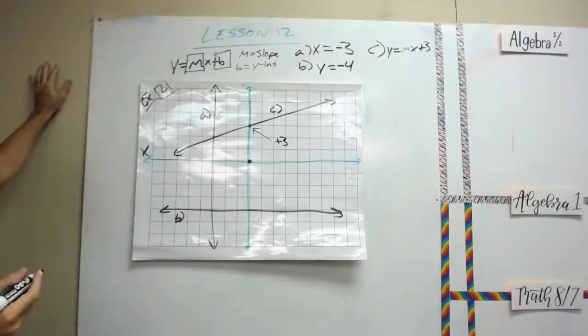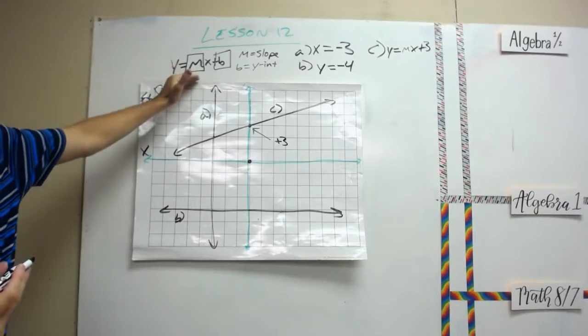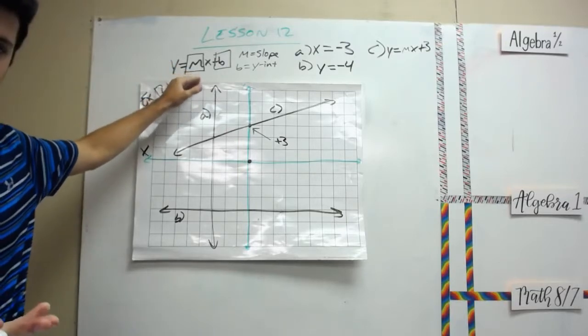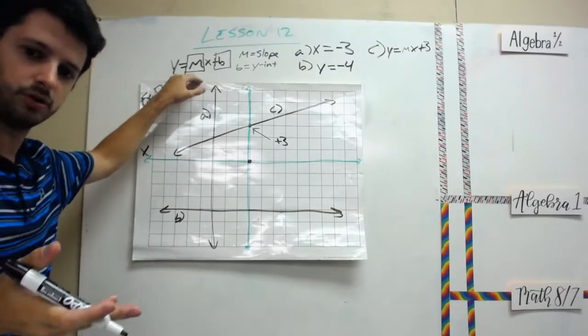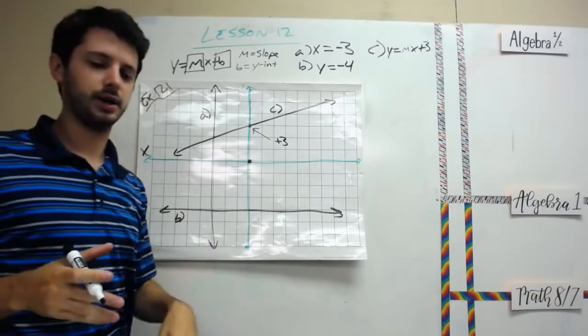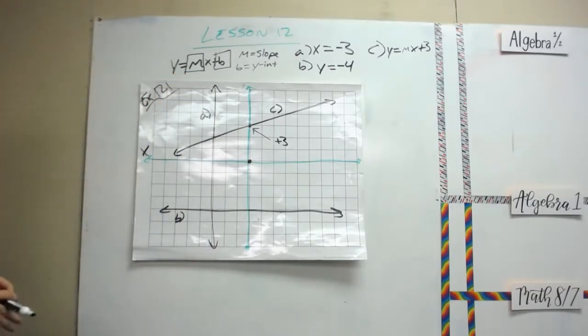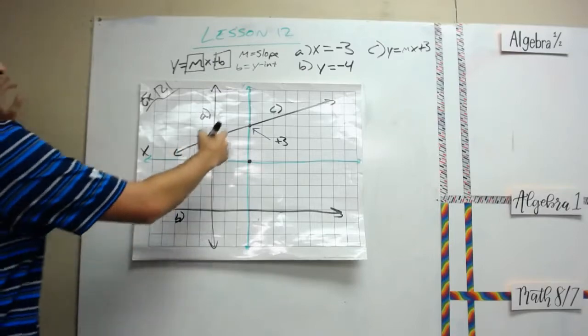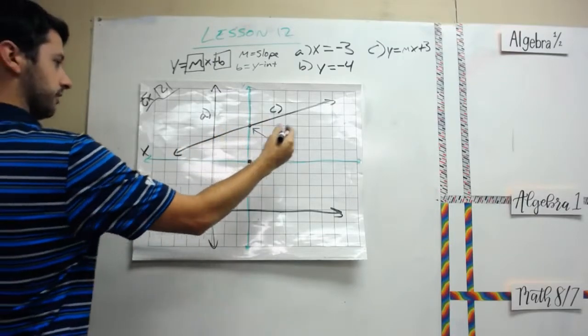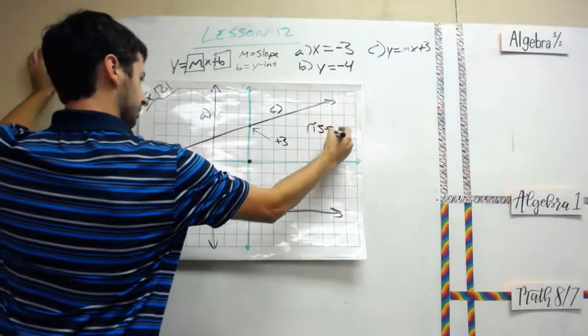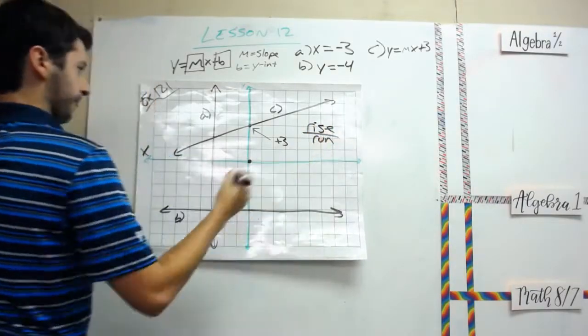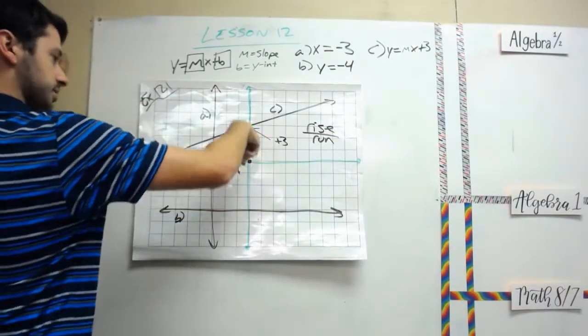Now we look at the slope. We need to find the slope. Well, what you can always do is count. I'm going to show you the other way in a second, but you can count. And when you count, you would figure out your rise over the run. My rise is how much it goes up and down the y-axis.